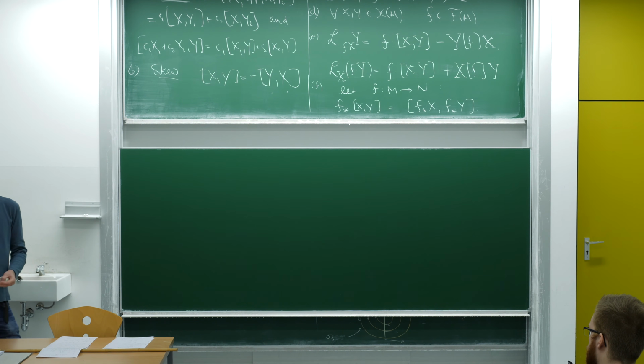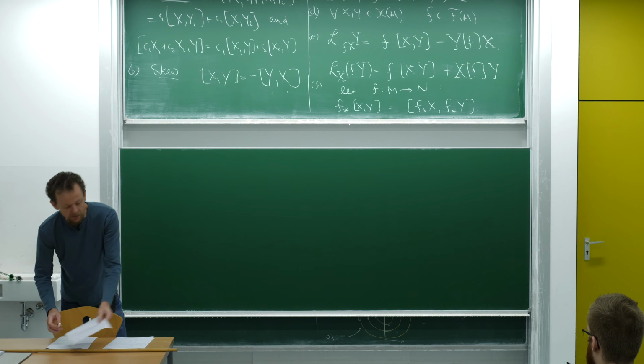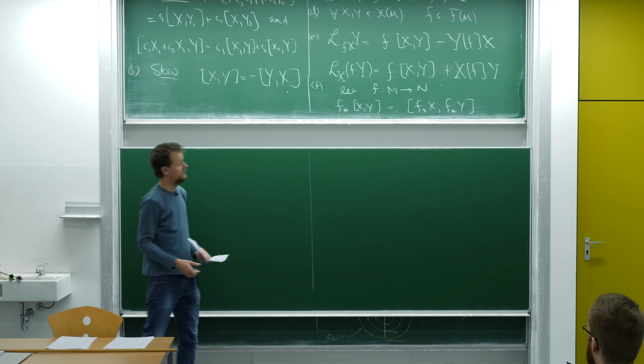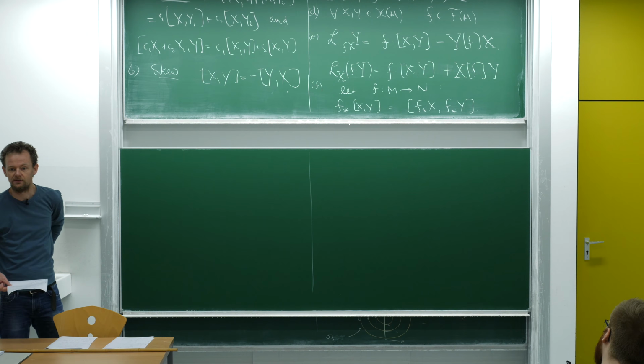So if you flow along X and then Y, and then compare that operation with flowing along Y then X, then you may not land at the same point when the vector fields aren't nice and flat. And it turns out the Lie bracket is exactly the thing that tells you the difference between these two actions.